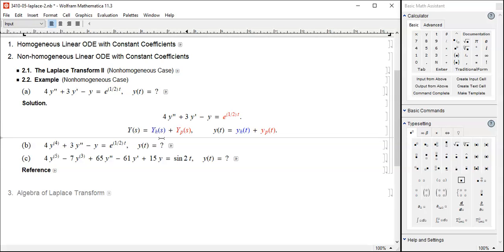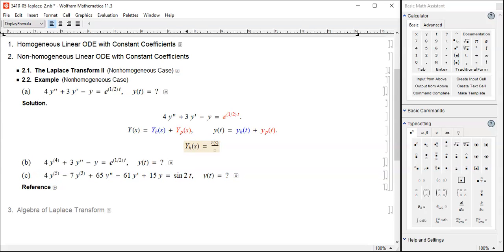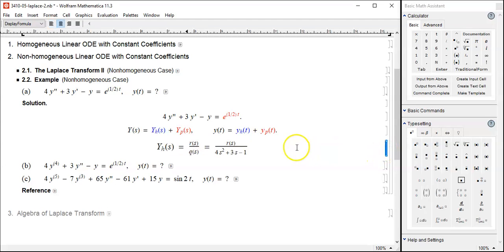Okay, all right. Let's get the homogeneous part first. And then this is R of s over Q of s, with R of s to be determined. And Q of s is the characteristic polynomial, so 4s squared plus 3s minus 1. I'm going to need a little bit bigger font.